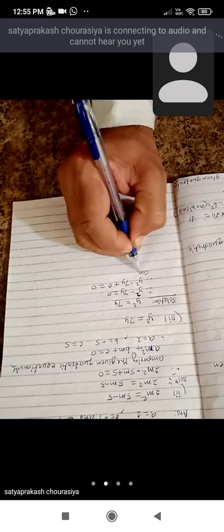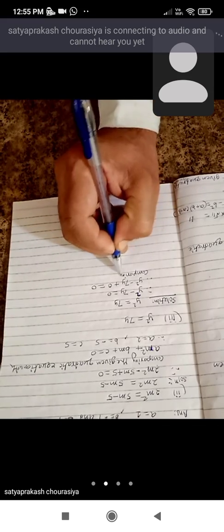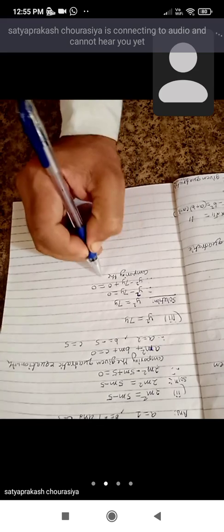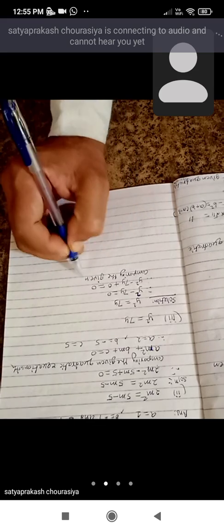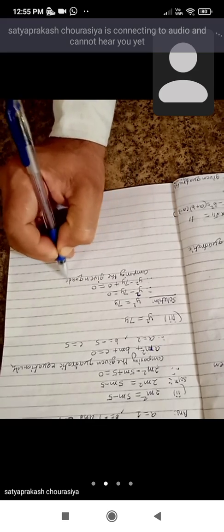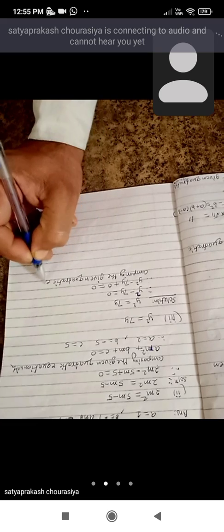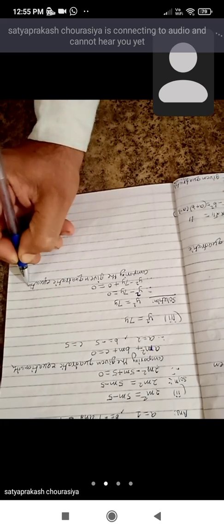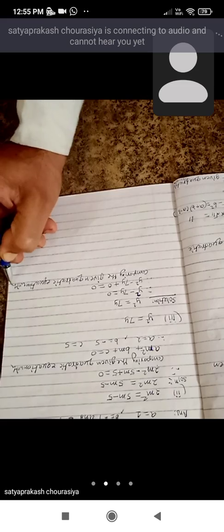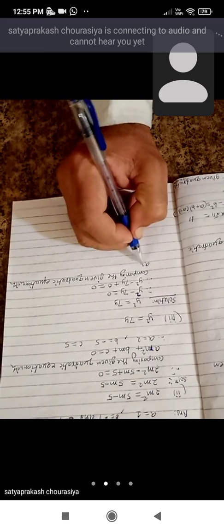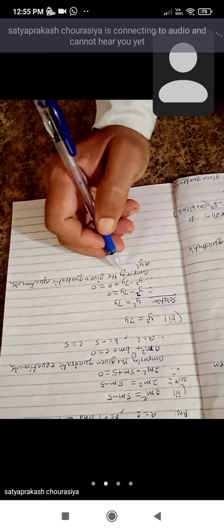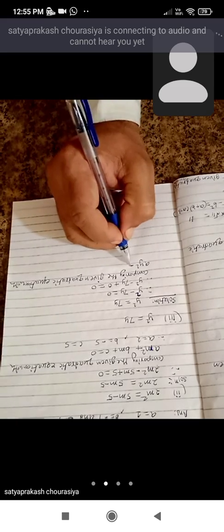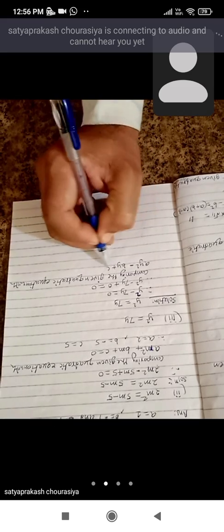Now comparing the given quadratic equation with a y square plus b y plus c is equals to 0, because the variable is y here.